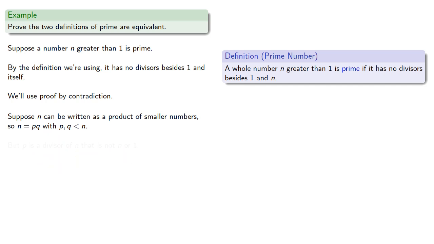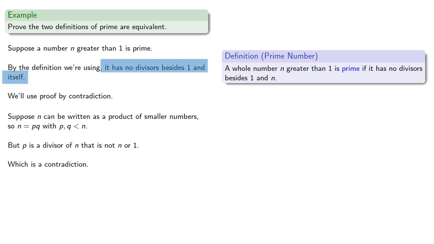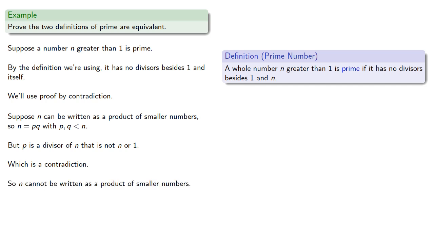But p is a divisor of n that's not n or 1, which is a contradiction because remember, n was supposed to be prime and had no divisors besides n or 1. So n cannot be written as a product of smaller numbers, which proves one direction of the conditional.